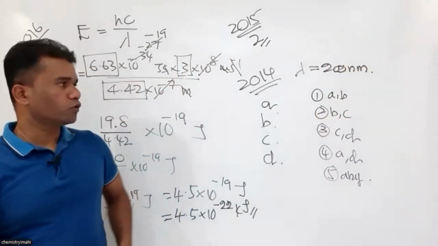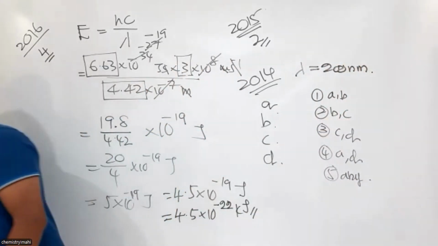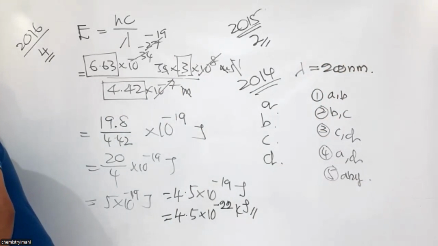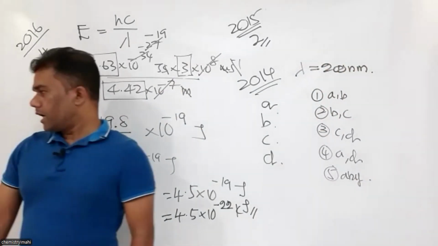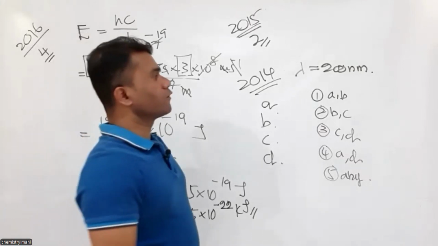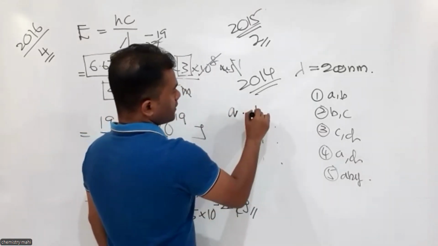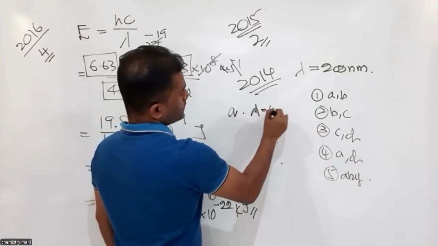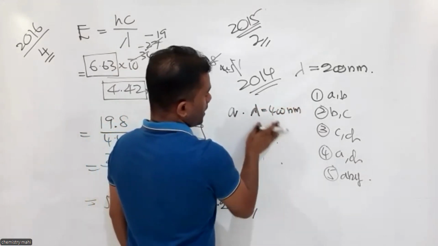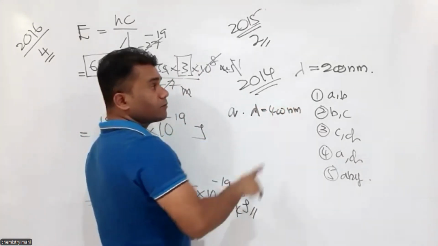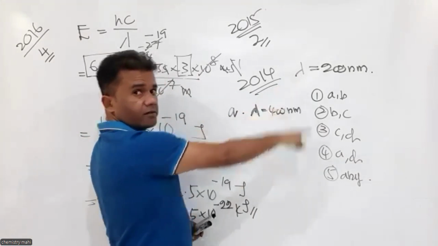Now we go to statement A. Statement A is: it has a higher frequency than the wavelength 400. In A, we compare that one with lambda 400. So what happened to lambda? This one, they refer to the 200 part.